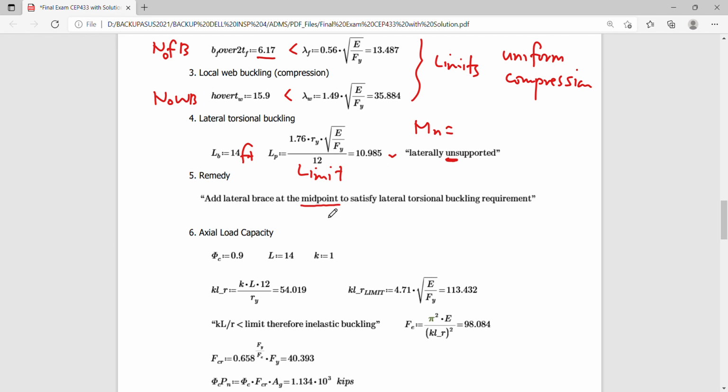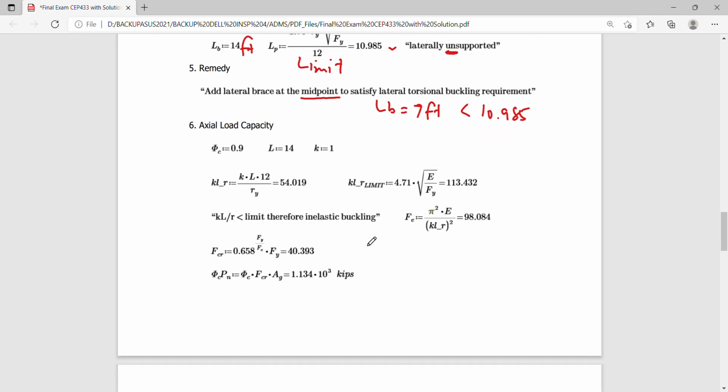So if you put a midpoint bracing, then at 7 feet, your Lb now becomes 7 feet, which is still less than 10.985, which is the limit.